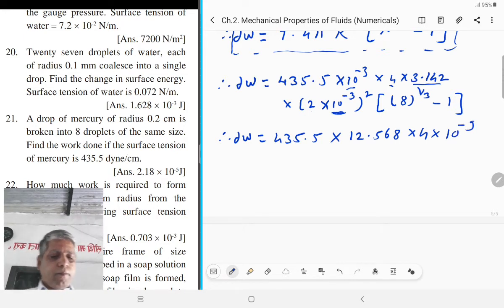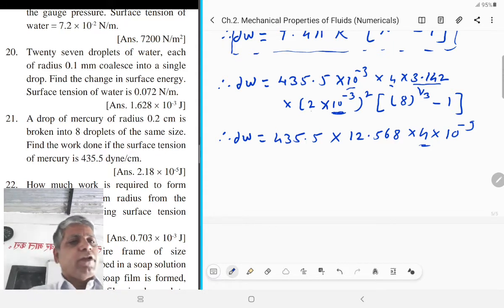Now take the multiplications of this 4 with this, or by using log tables we solve it.